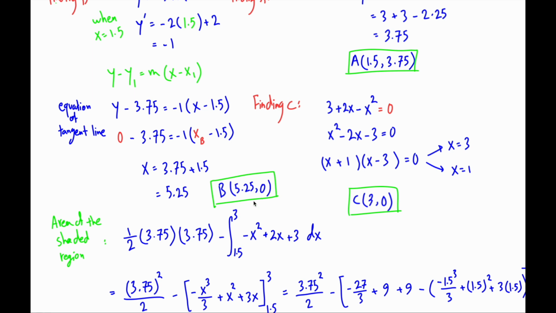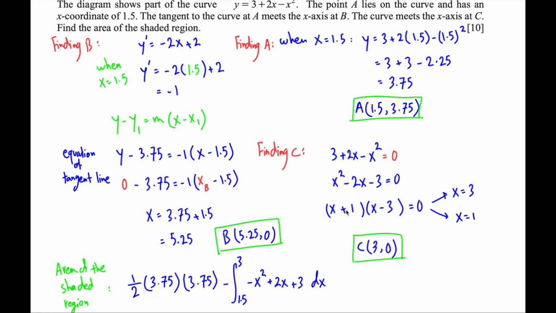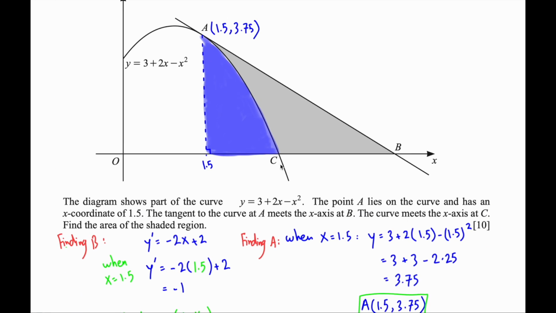Now that I got the value of B, I need to find the value of C, and that's an easy task because C lies on the parabola and its y coordinate is 0.